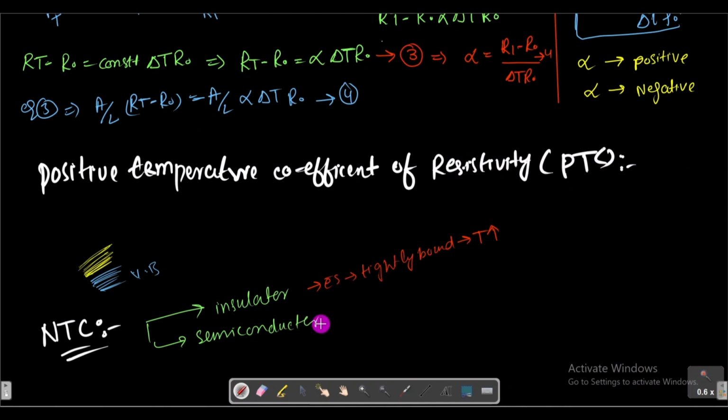The electrons are less tightly bound compared to an insulator, and more tightly bound compared to a conductor, and by increasing the temperature, those electrons go to the conduction band and become free from the atom, so they are involved in the conduction, and due to this the resistivity is decreased. Therefore the insulator and semiconductor have negative temperature coefficient, and the conductor has positive temperature coefficient.